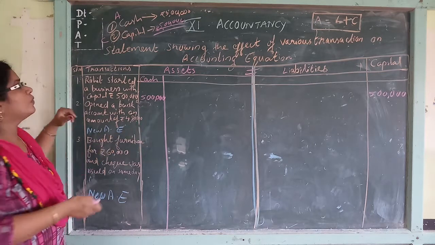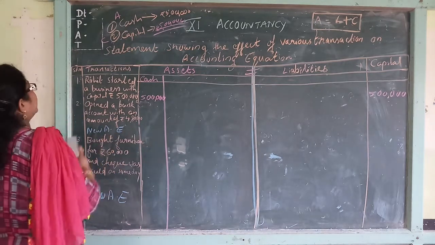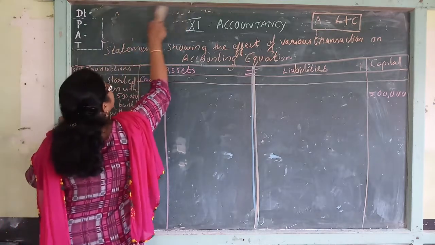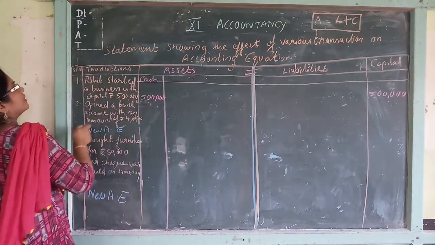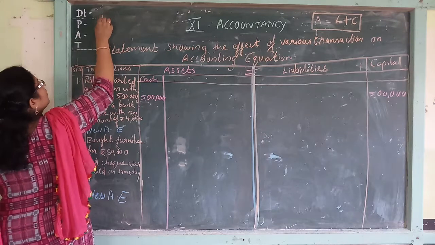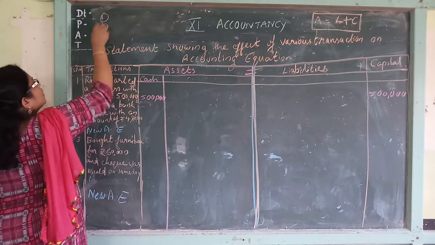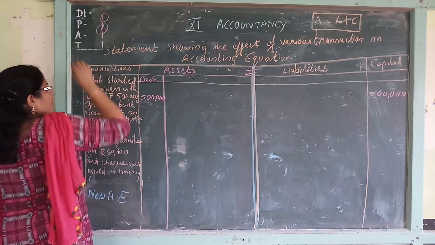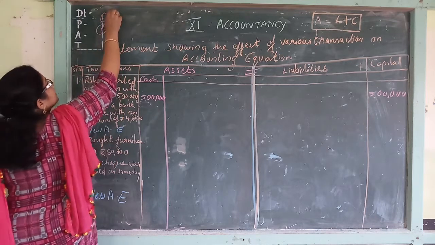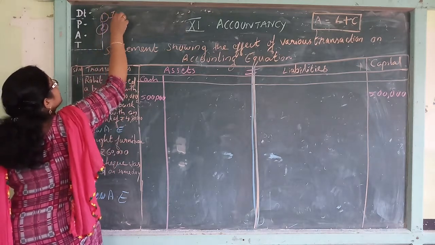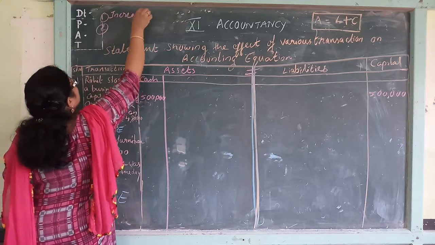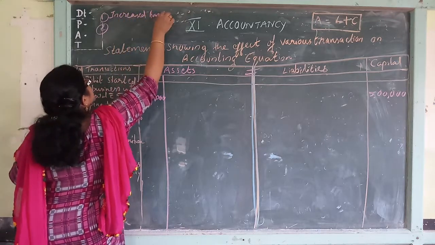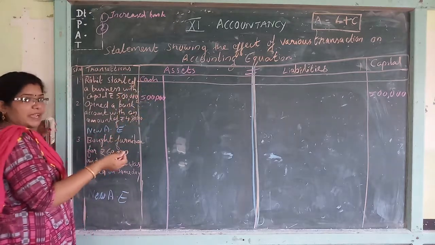So in this second transaction, what are the two effects? One is that the bank balance is increased.